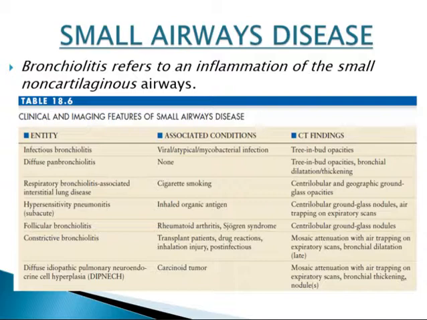Bronchiolitis is inflammation of the terminal bronchiole, the smallest airway of the lung, resulting in thickening and dilated bronchioles, not bronchi, with different distributions in different conditions. The algorithm: tree in bud appearance.